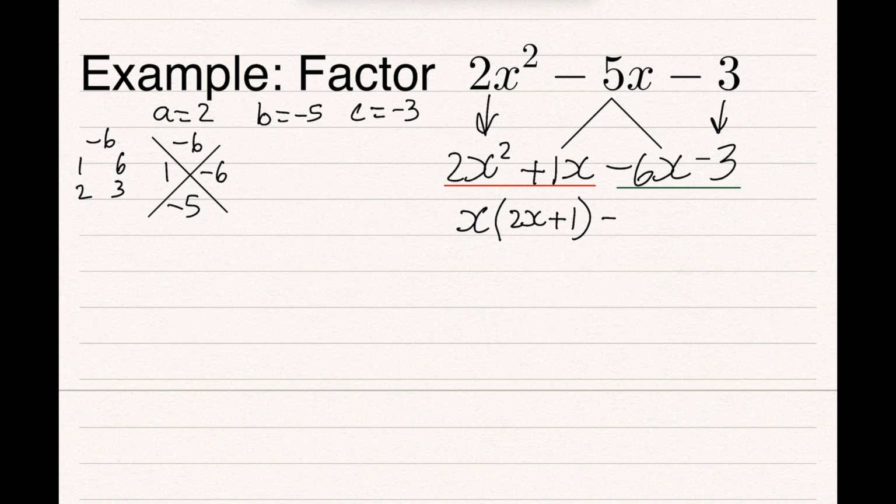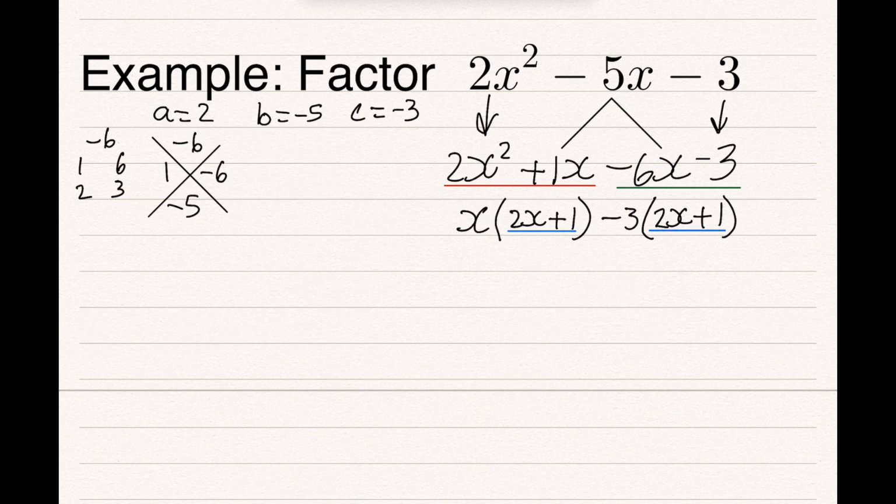We do the same thing to the next two terms. I could pull a negative 3 out of both of them. So negative 6x divided by negative 3 is positive 2x. Negative 3 divided by negative 3 is positive 1. And again, these are the same.